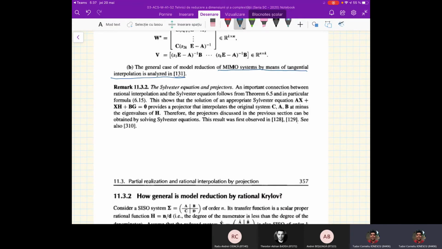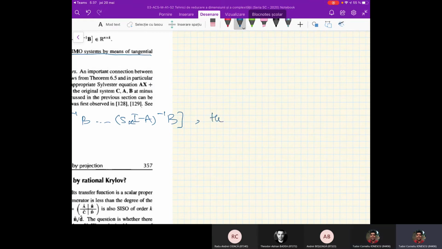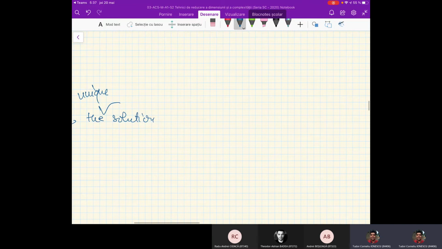Furthermore, note that you can easily notice that these projections, okay, for instance, V is this, S1 I minus A inverse B, up to SK I minus A inverse B. This is the solution, the unique solution actually, and I'll show you why unique immediately.